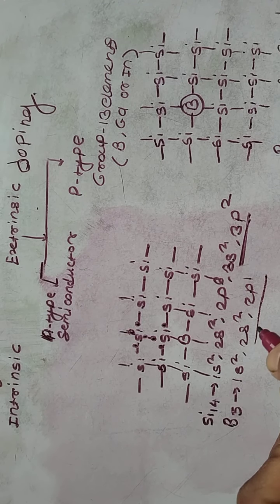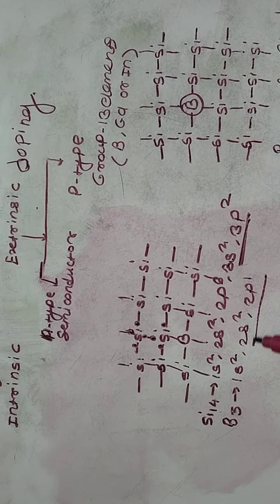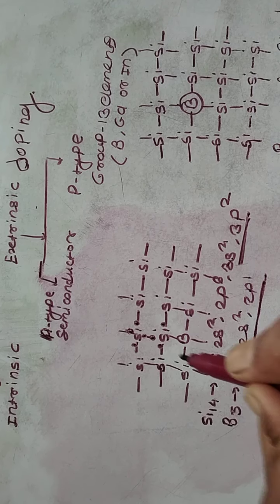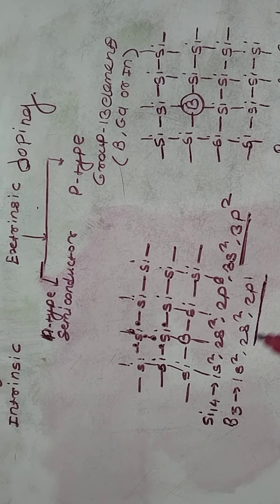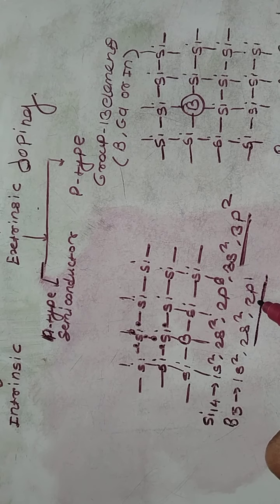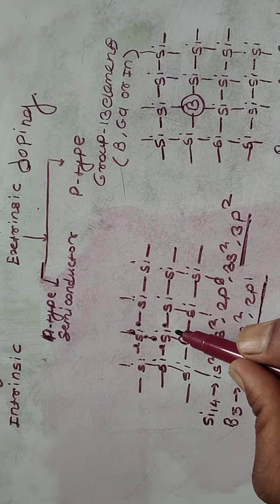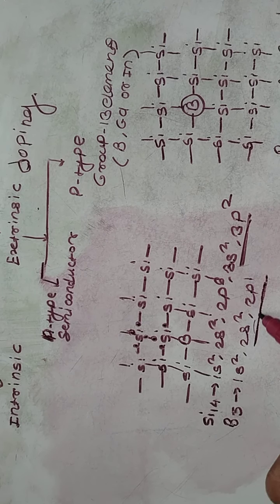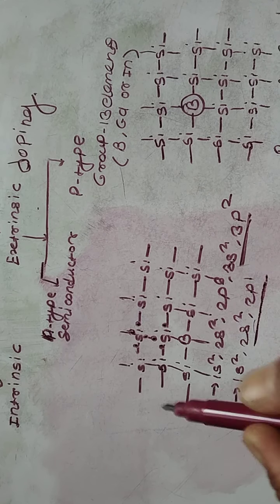But in case of boron, in its valence shell it is an electron deficient species. The number of electrons required to form covalent bonds is 4, but in case of boron there are only 3 electrons.